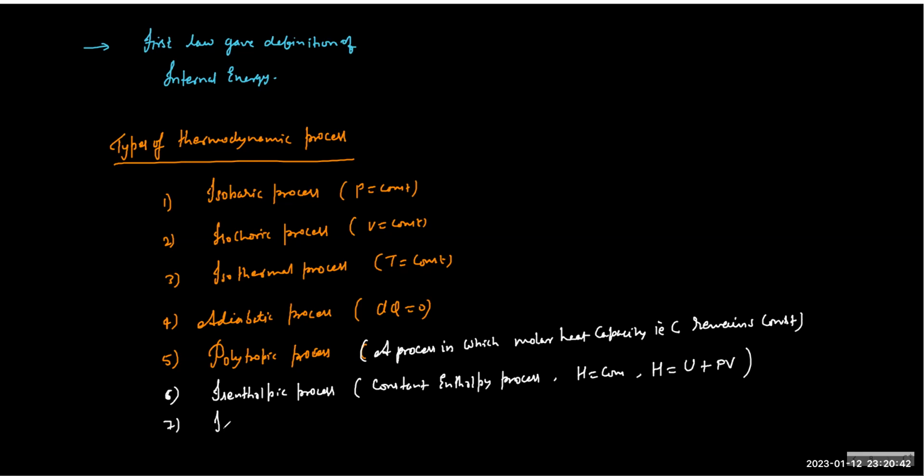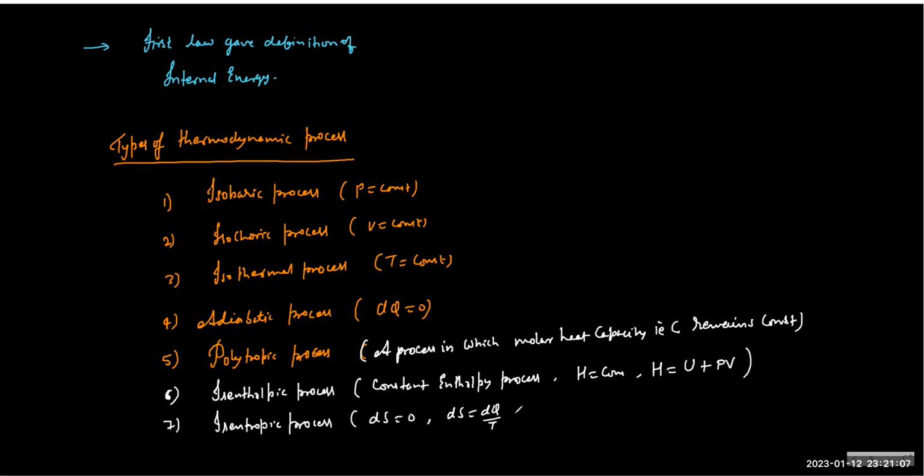Similarly, we have isentropic process. Here the entropy is constant, so we can say dS is 0. This is the change in entropy. Later on, you will come to know that dS is actually dq by T, for a reversible process.